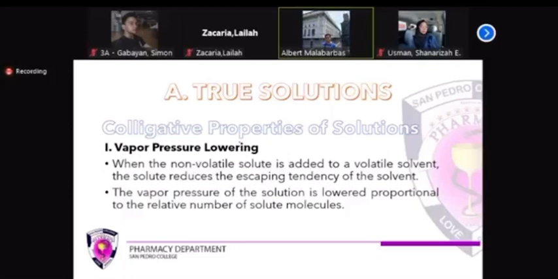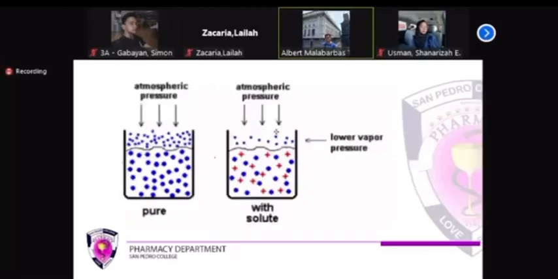Okay, so I'll start first with vapor pressure lowering. How do we best understand vapor pressure? When we say vapor pressure, it refers to the pressure exerted by the gas molecules.